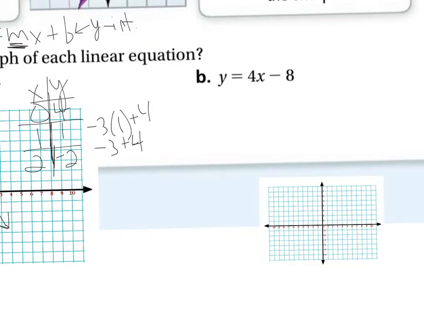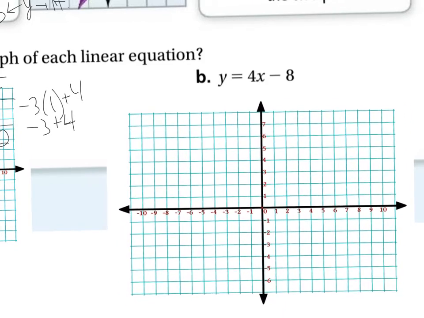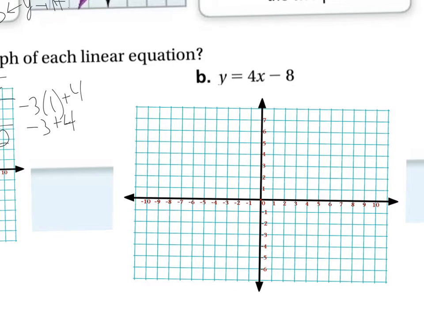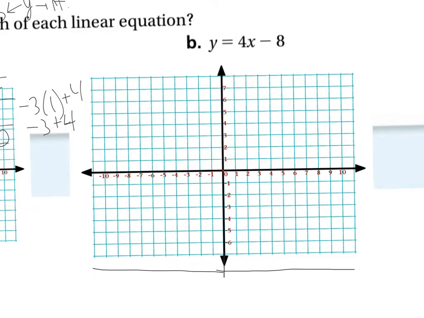We'll look at part B, similar idea. They want us to graph y equals 4x minus 8. So part B, if we start with our y-intercept, you can add the opposite here if you want. Our y-intercept is -8, which is going to be just off my chart here. Extended that just a little bit. And then our slope would be 4, which is the same as 4 over 1.